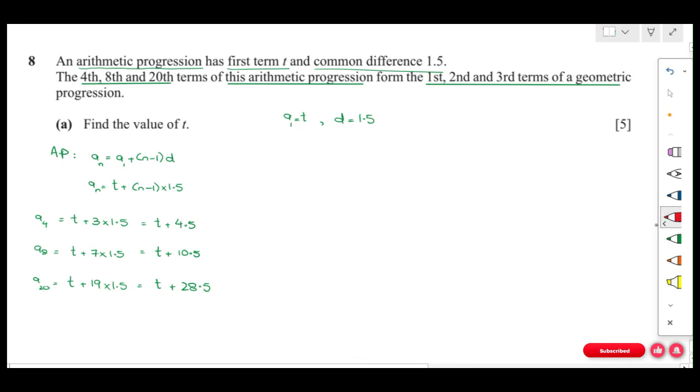These terms, they said, are the first, second, and third terms of a geometric progression.